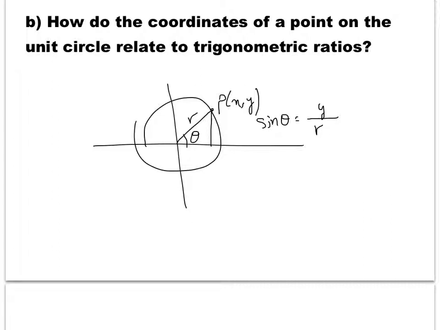But in the unit circle, r is 1, so you get y here. So y really is sine theta, and in the same way, x is cos theta. So this is how the coordinates of any point on the unit circle relate to trig ratios.